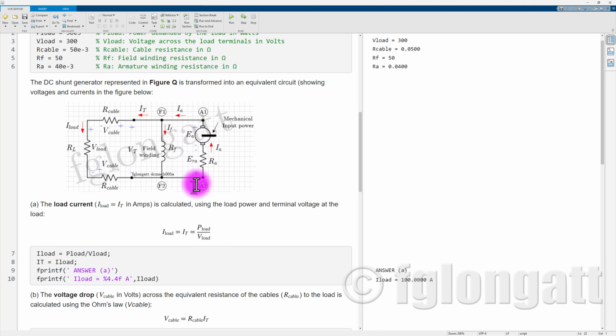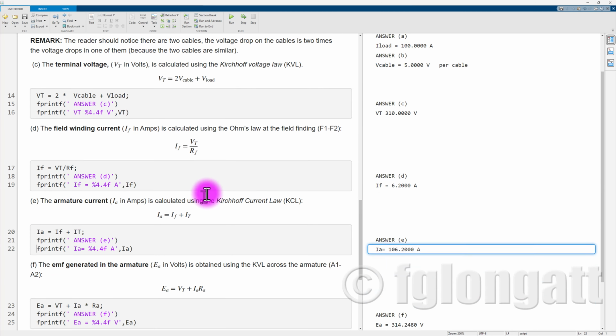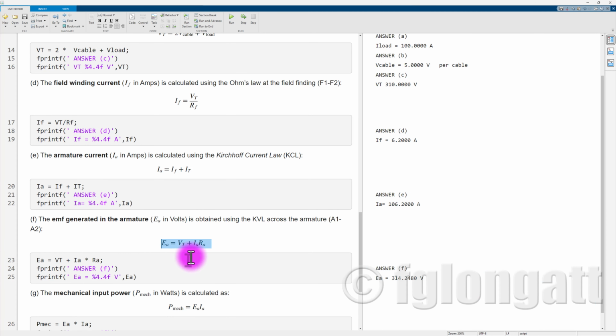The next step is to calculate the induced electromotive force over here, or EMF. And to do that, we can just use Kirchhoff voltage law through the terminals A1 and A2, and that is basically the armature. And over here, you can see the Kirchhoff voltage law. You can see that the armature voltage will be the terminal voltage plus the voltage drop through the armature resistance.